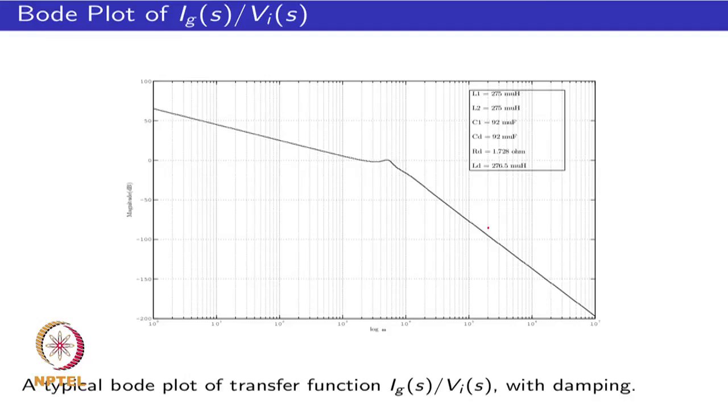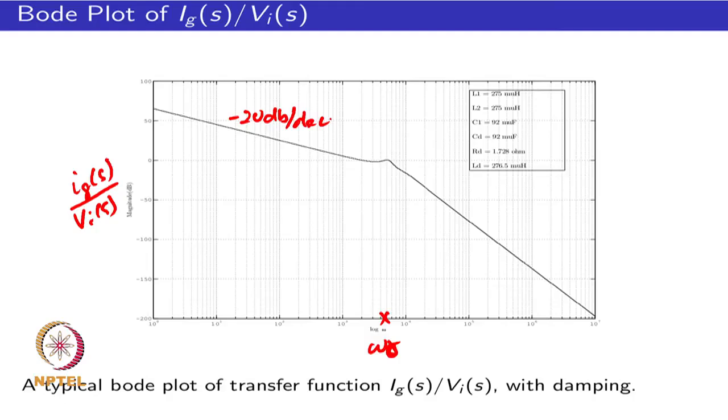You can then take a look at a typical magnitude response plot of the grid current injection divided by the inverter side voltage. So essentially you are looking at the transfer function Ig(s) divided by Vi(s), and you are looking at the Bode plot. And if you look at the low frequencies below your resonant frequency, your attenuation corresponds to minus 20 dB per decade.